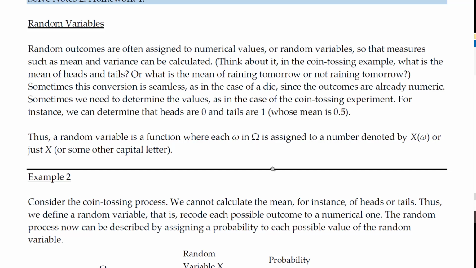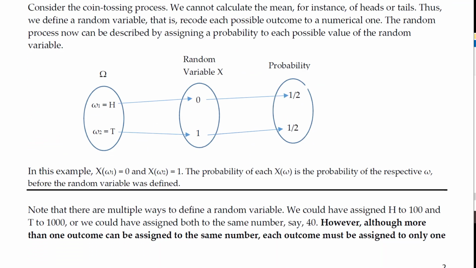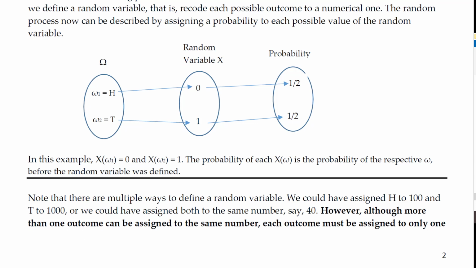Now, many functions can be random variables. However, there are some restrictions. For instance, I can assign more than one outcome to the same random variable. It wouldn't be as useful in this case, but I could have assigned both outcomes to the number 0. I don't know what I'm going to do with this model, but I could have done that.